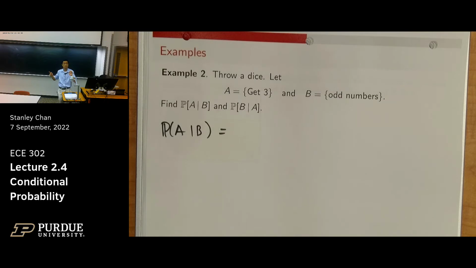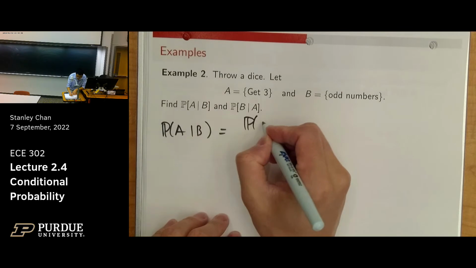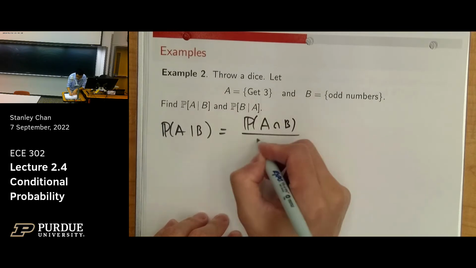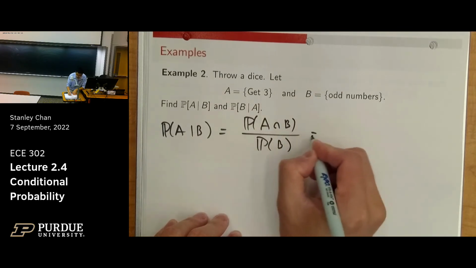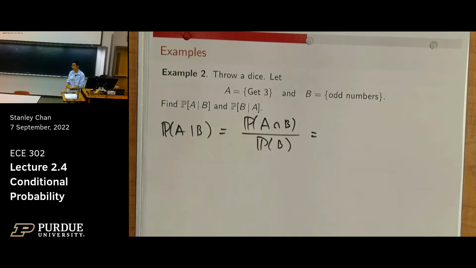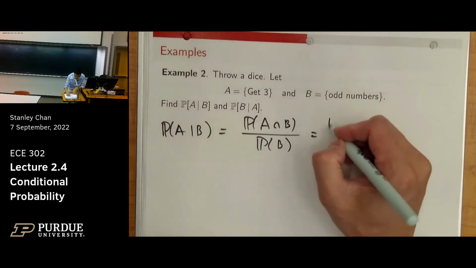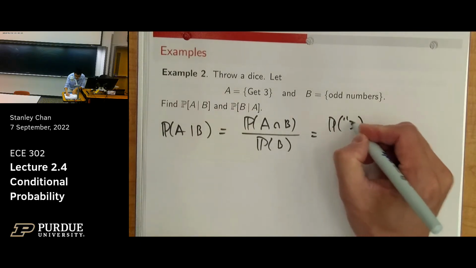Now, if we want to plug into the formula, that's also okay because it will be the probability of A intersect B divided by the probability of B. The probability of A intersect B is the probability of getting a 3.